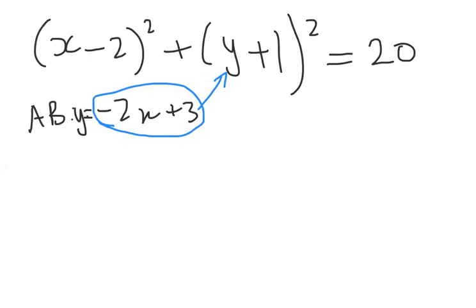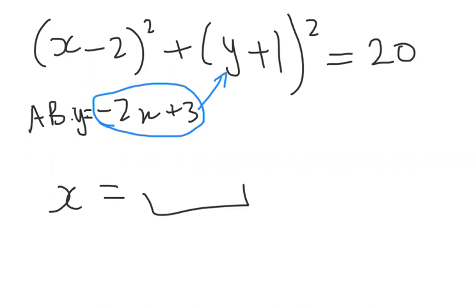Why do I do it? Because if you put this y over there, then you're going to sit with only x's. That means you have one variable and you're going to get x equal to something.